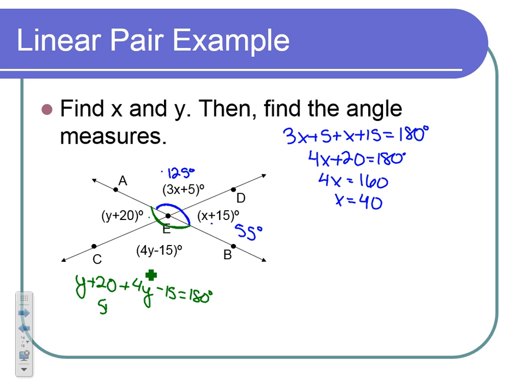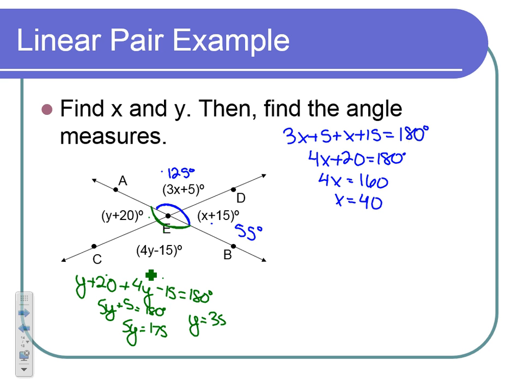Now I have 5y plus 5 because 20 minus 15. That's equal to 180. Then I take 180 and I subtract 5 and I get 175. So 5y is equal to 175. And then divide by 5, I get y to be 35.